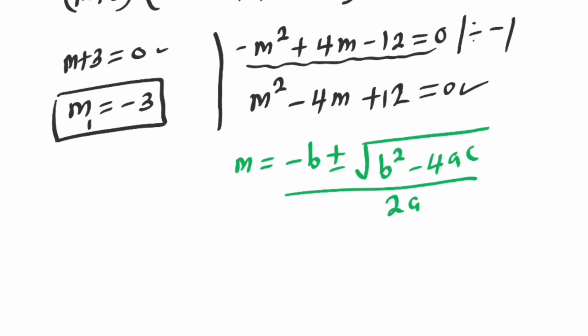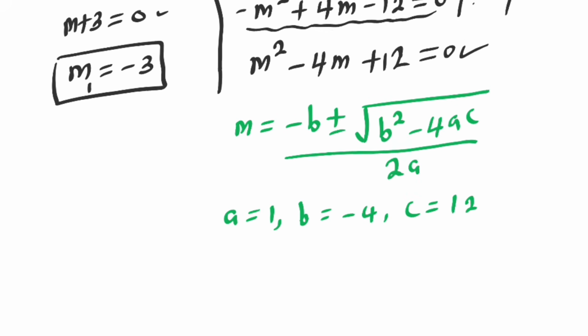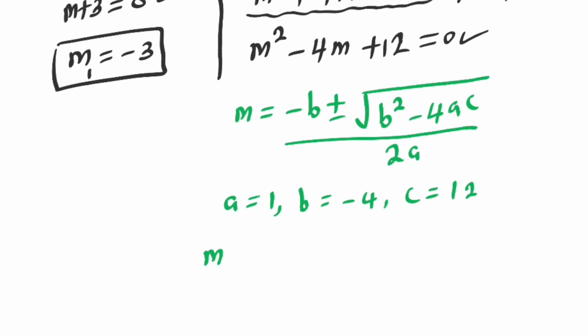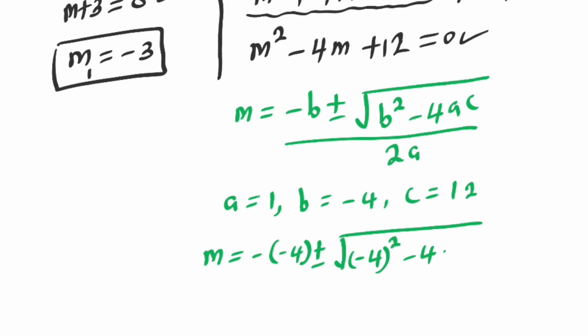Then from this equation, a is equal to 1, b is equal to minus 4, c is equal to 12. m is equal to minus bracket minus 4 plus or minus square root of minus 4 square minus 4 multiplied by 1 multiplied by 12 over 2 multiplied by 1.